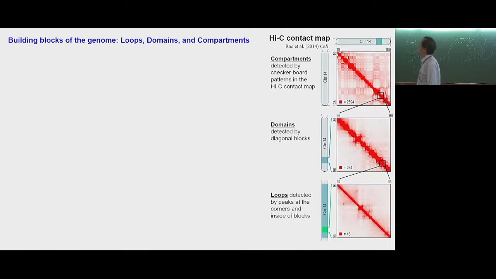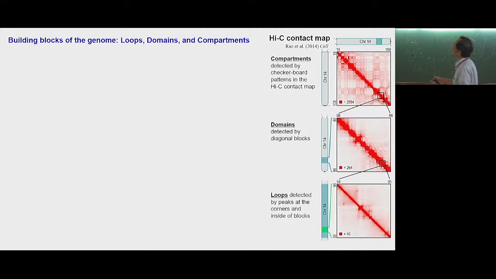And what we learn from this Hi-C contact map is a block pattern along the diagonal line and a checkerboard pattern in the off-diagonal region. The block pattern implies some domain formation. From this to this is 100 megabase.